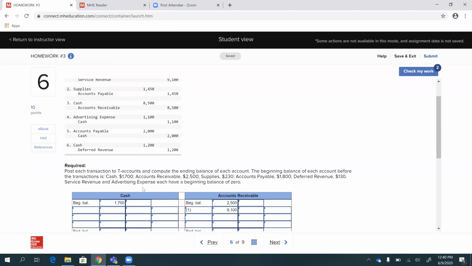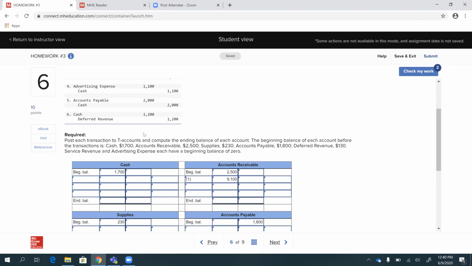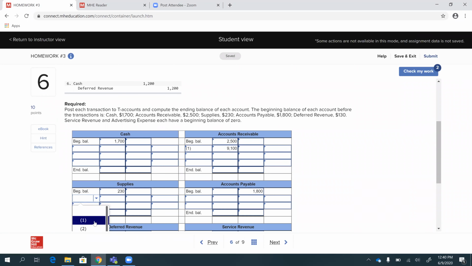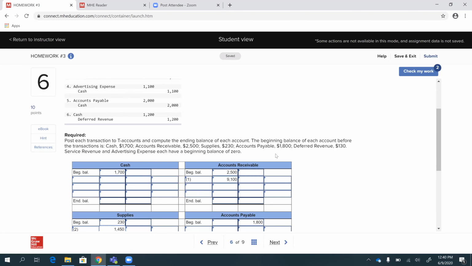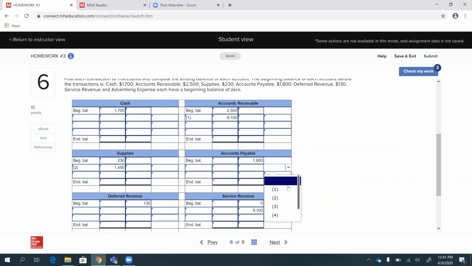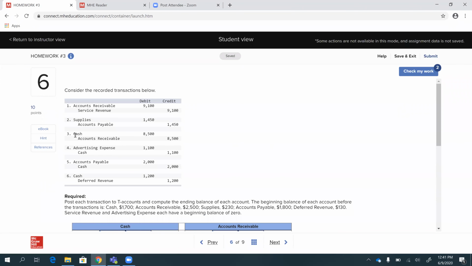Transaction 2, supplies has a debit of $1,450. So transaction 2, $1,450. We also have an account payable of $1,450. So transaction 2, $1,450. 3, cash and accounts receivable.